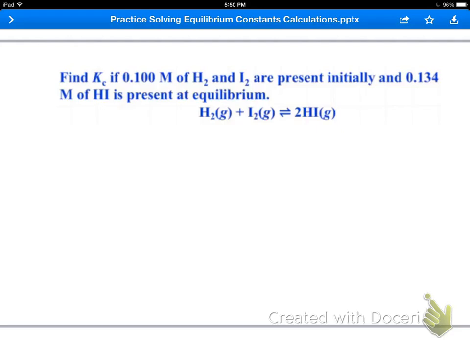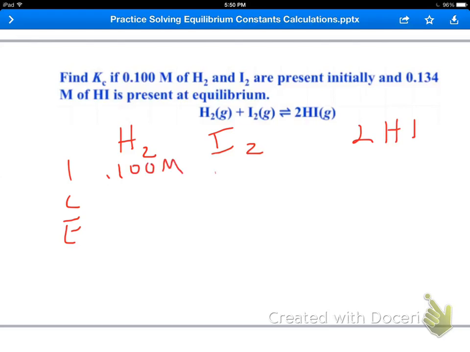Okay, so our ICE table has H2 and I2 becoming 2HI. Initially I have 0.100 molar of each of these, and my assumption is I start with no HI.